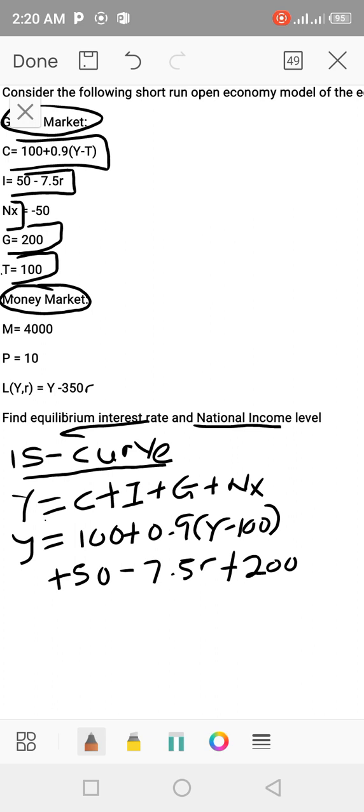Then plus net export, and our net export is negative, so that is minus 50.